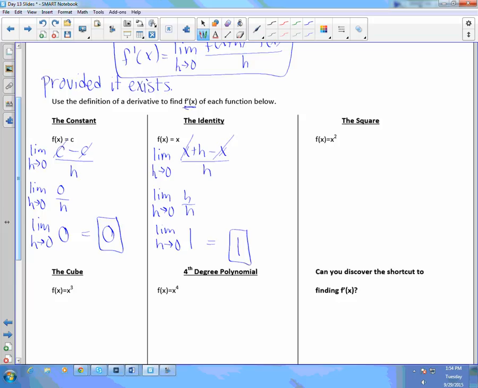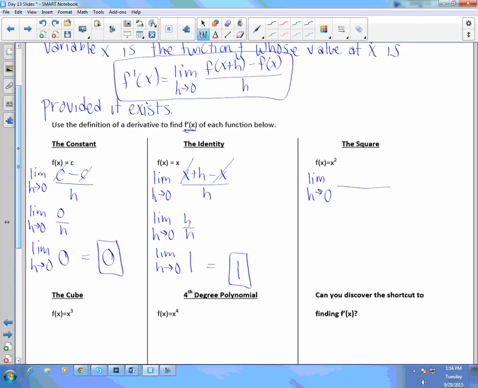Let's do it again. Now we have a square, the quadratic. The limit as h approaches 0. Nemo, can you tell me what goes in our numerator? You have to do f of x plus h first.